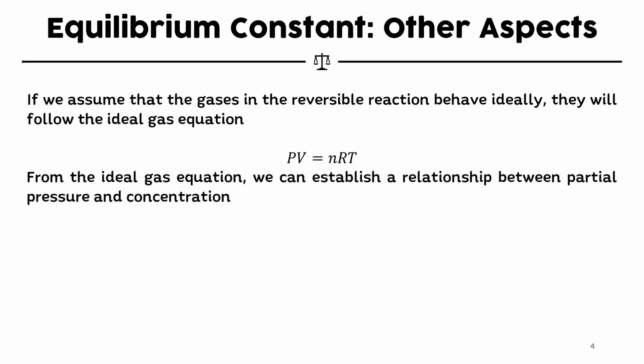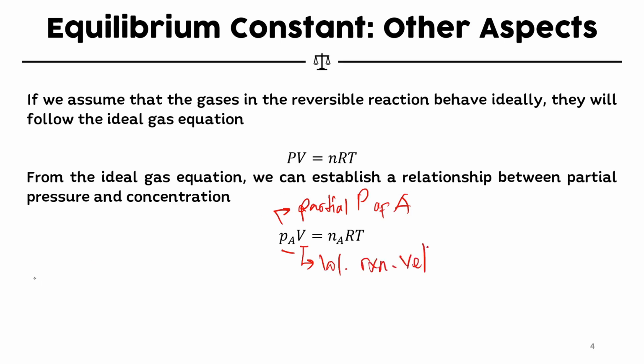Let's apply the ideal gas equation to component A. It would look like this, wherein PA is the partial pressure of A, V is the volume of the reaction vessel wherein the reversible reaction in the gaseous phase occurs, and n is the number of moles of A. R is the universal gas constant, and T is the temperature in Kelvin.